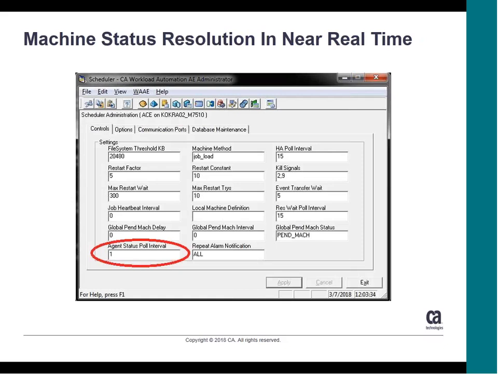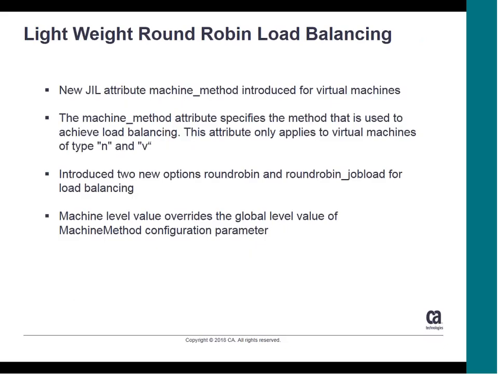Coming to the next feature, lightweight round-robin load balancing. As I mentioned earlier, we have introduced two new options, round-robin and round-robin job load, for load balancing.